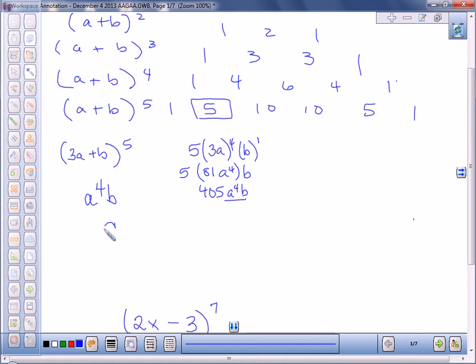And it would be this to the 4th, this to the 1st. So what is the combinations of 5 choose 4? 5. So this ends up being 5 times 3a to the 4th, b to the 1st. Is that the same thing I had right here?